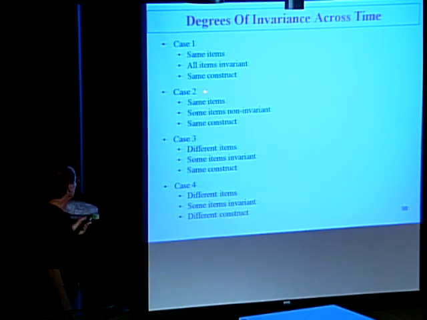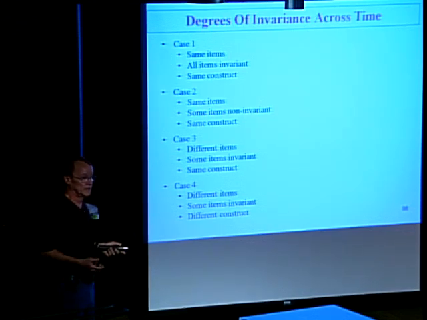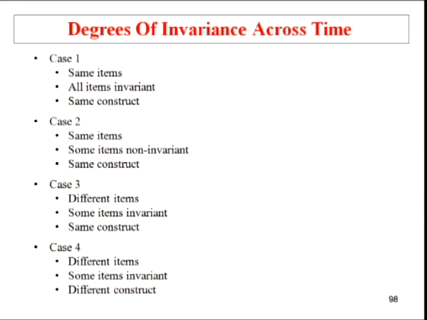Now, we found, however, that we slipped from case 1 to case 2 by the fact that some items were non-invariant. It turned out that they were invariant with respect to loadings, but not invariant with respect to all of the intercepts. And that seems to be the case quite often in factor analysis type of exercises.